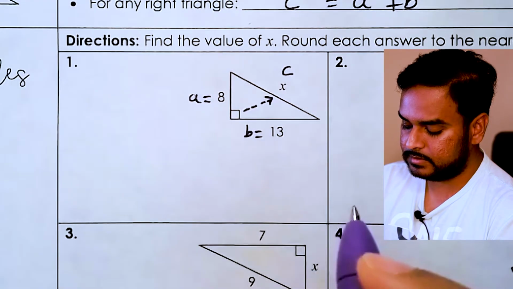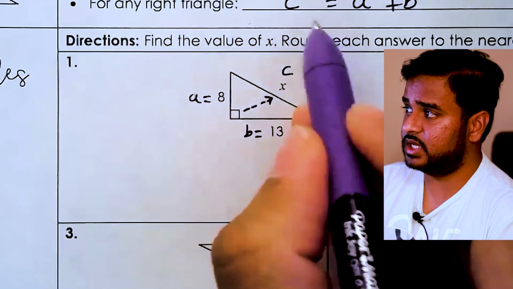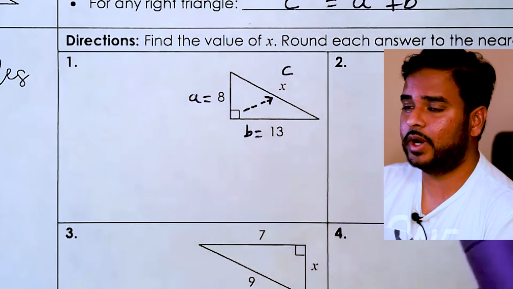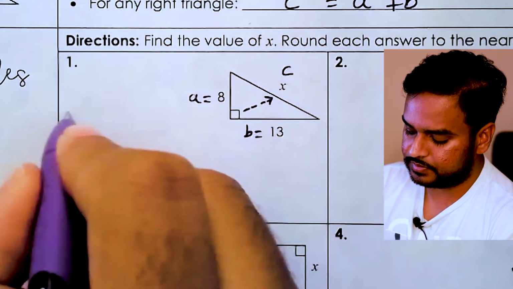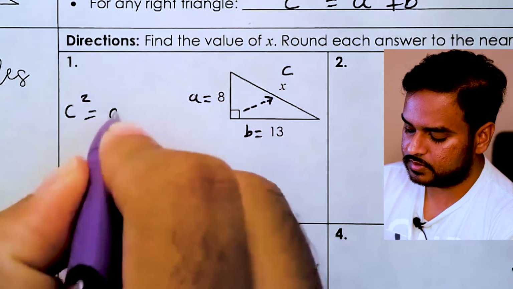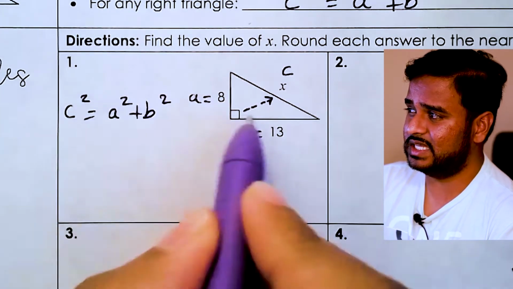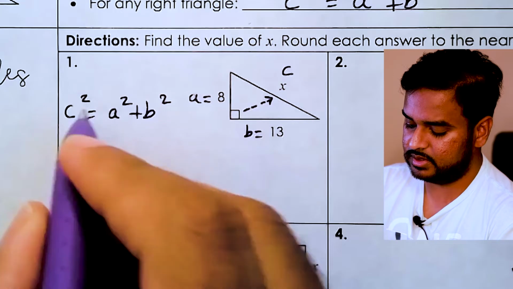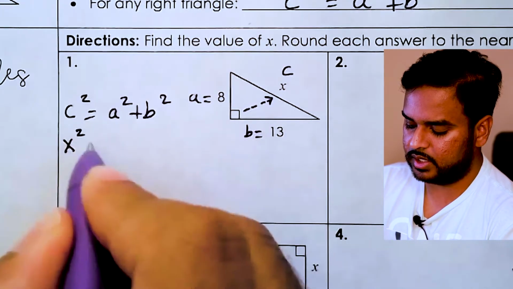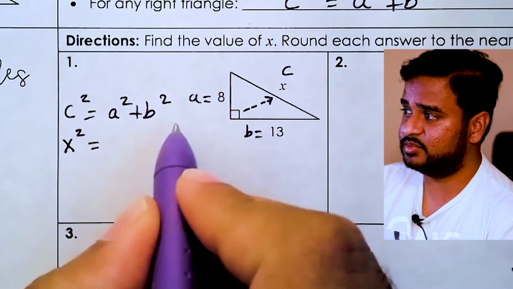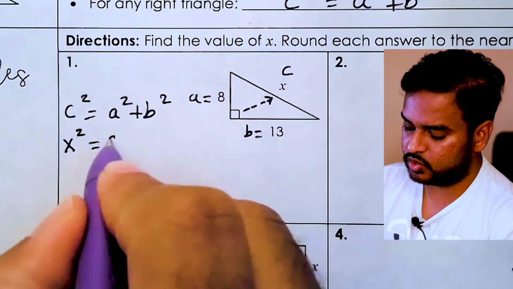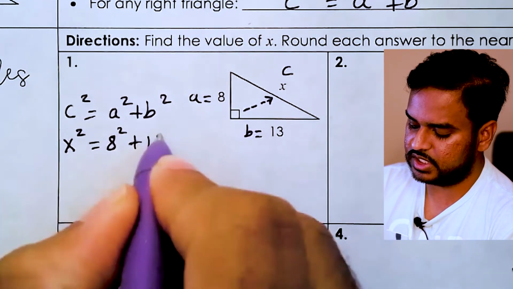Our formula is C squared equals A squared plus B squared. I don't know what C is, so C squared is simply X squared. A squared plus B squared will be 8 squared plus 13 squared.